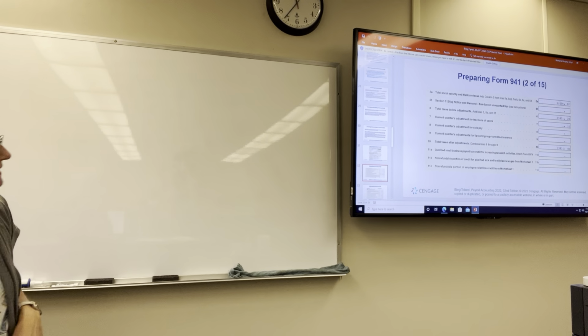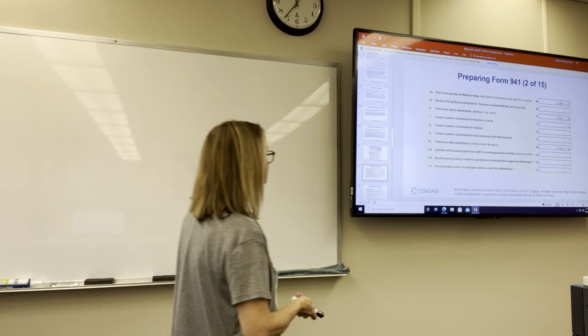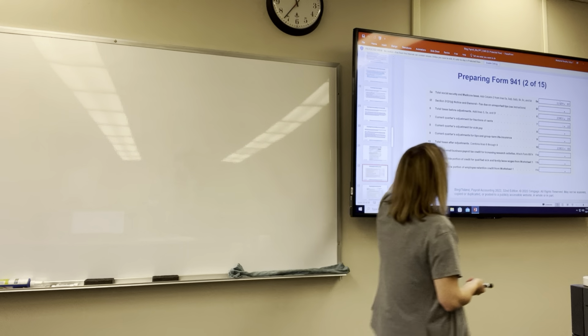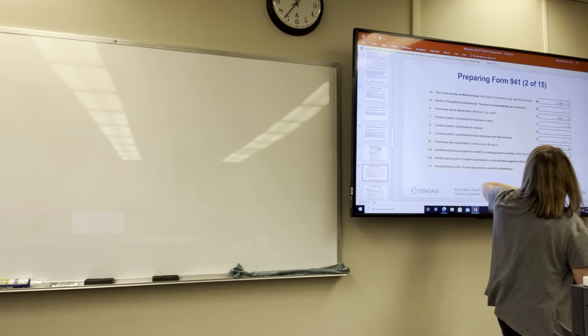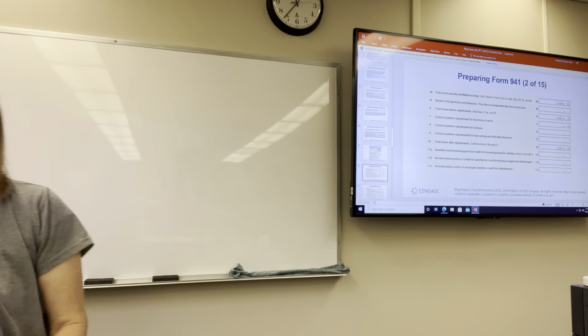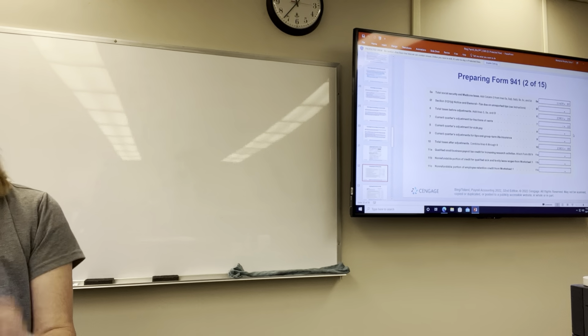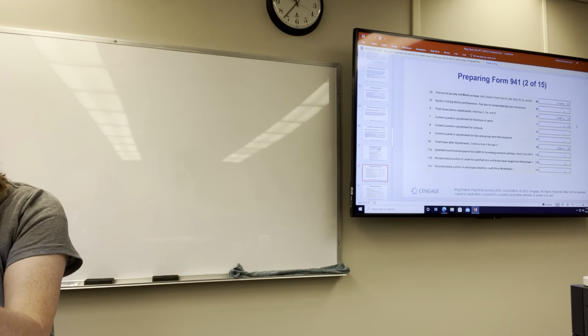Now the next one is what trips a lot of students up, this fractions of cents. In order to figure out what this is, we first have to figure out what we deposited. It's not really in order on this sheet of how you need to prepare the form.